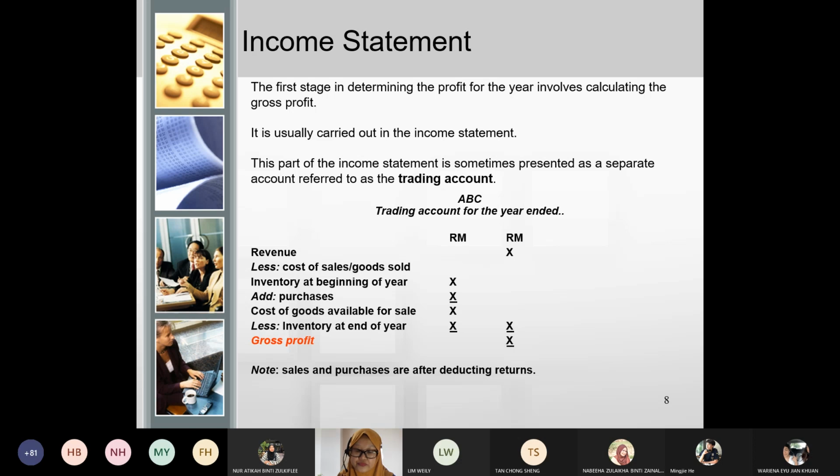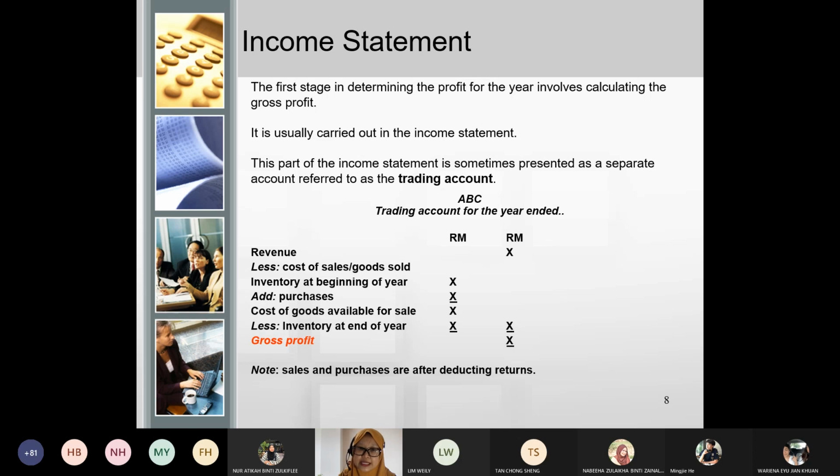That's why sometimes when we prepare it, we call it the trading and profit and loss account. So the trading account represents the section where we calculate the gross profit, which is here.